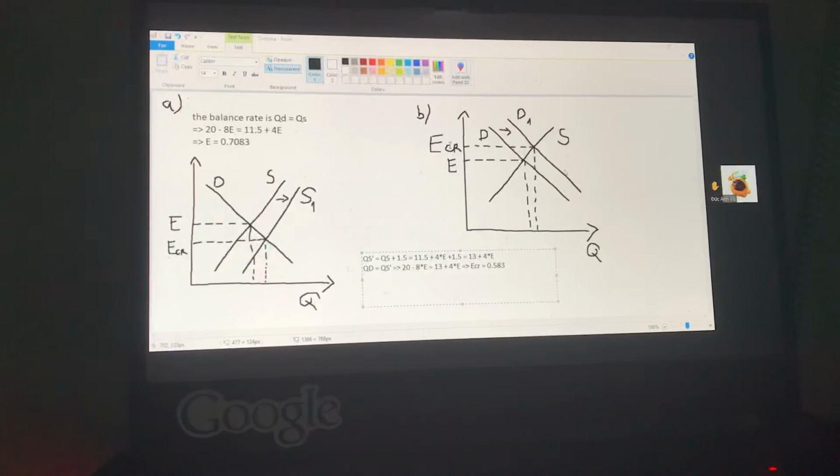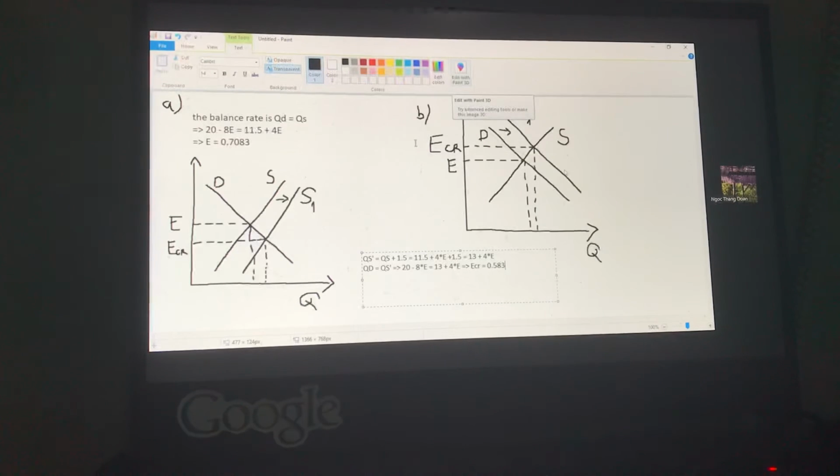So the Reserve Bank of Australia will buy more foreign currency to increase D0 to D1, so it will increase the foreign reserve.